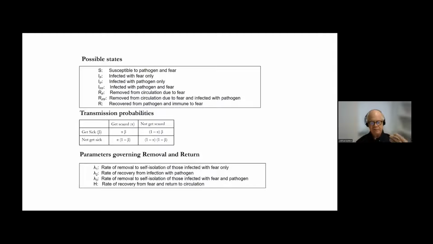All right, and there are several possible states labeled appropriately: infected with fear only, infected with pathogen, and so on. And we have several parameters governing the rate of removal from self-isolation and so forth. All right, and it's quite simple. And there's really now two probabilities: one, the transmission probability for the fear, alpha, and a transmission probability for the disease, beta.